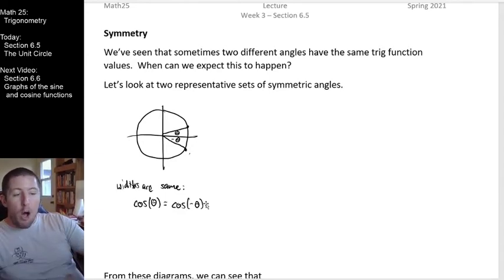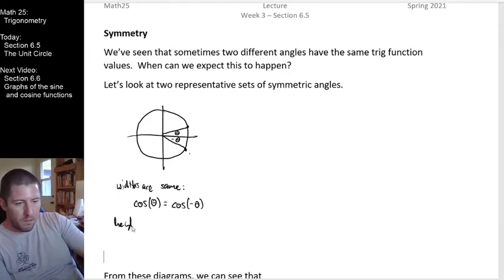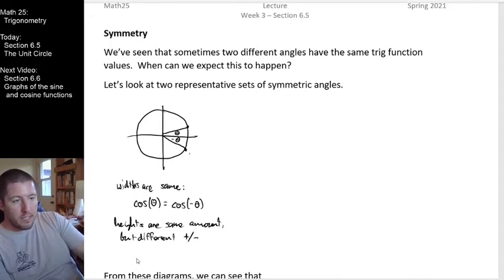The heights are almost the same, but they're the opposite sign. When I say sign, I mean positive or negative. Heights are the same amount, but different, positive, negative. So this says to me that the sine of negative theta, if I found the height associated with going down, should be the negative of the height as if we went up.